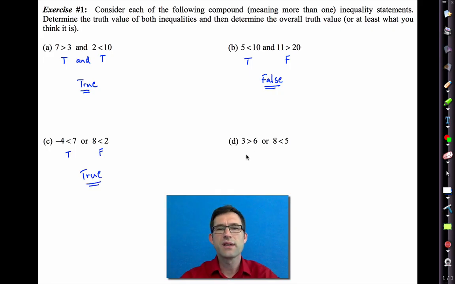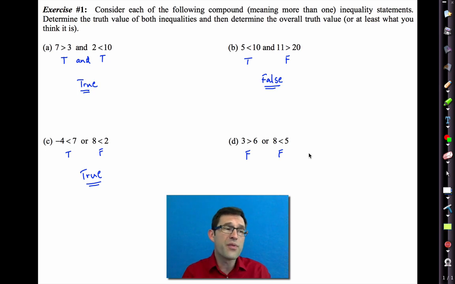3 is greater than 6. That's false. Or 8 is less than 5. Well, that's false. So that's like me saying, well, I'm an English teacher or I'm a professional ballet dancer. Don't picture it in your head. It's not worth it. So, because both of those are false, overall, I'm lying, right?